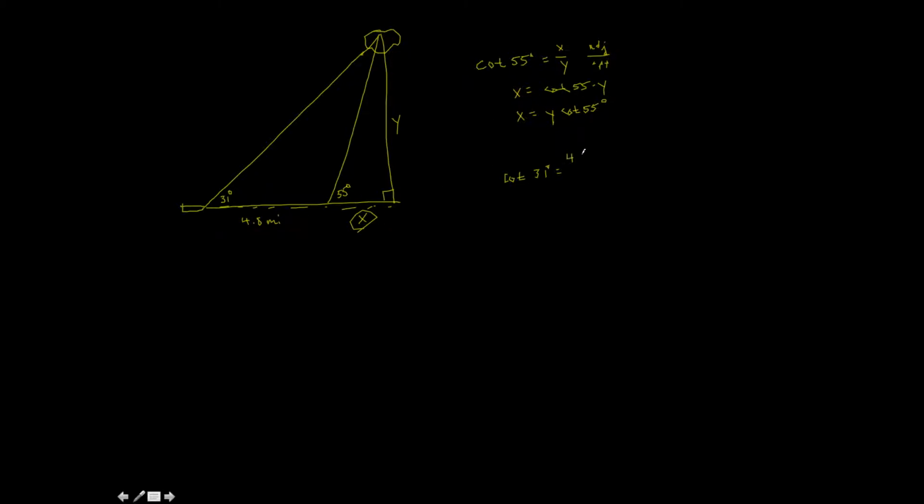Well, it's actually 4.8 plus x. That is the adjacent side. The other side is our y. The adjacent side is this whole thing here, 4.8 plus x. That's the whole side of the larger triangle. So our goal of this problem is to solve for y. So go ahead, cross multiply.